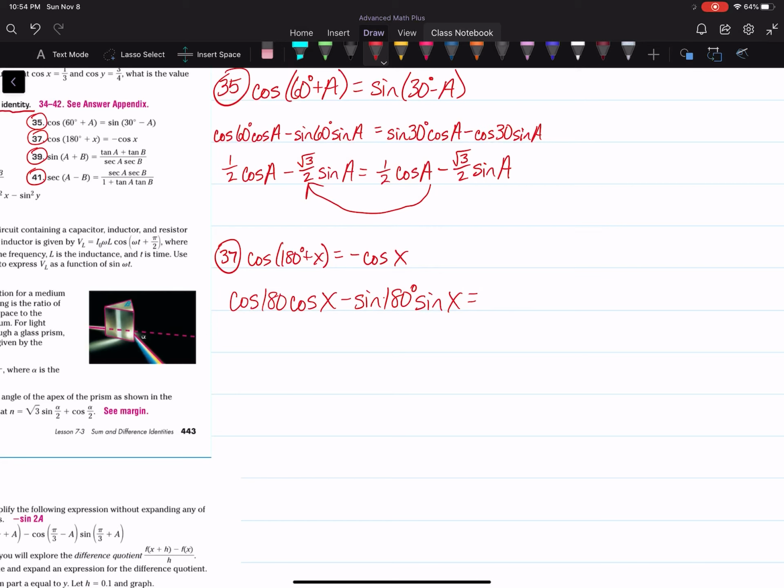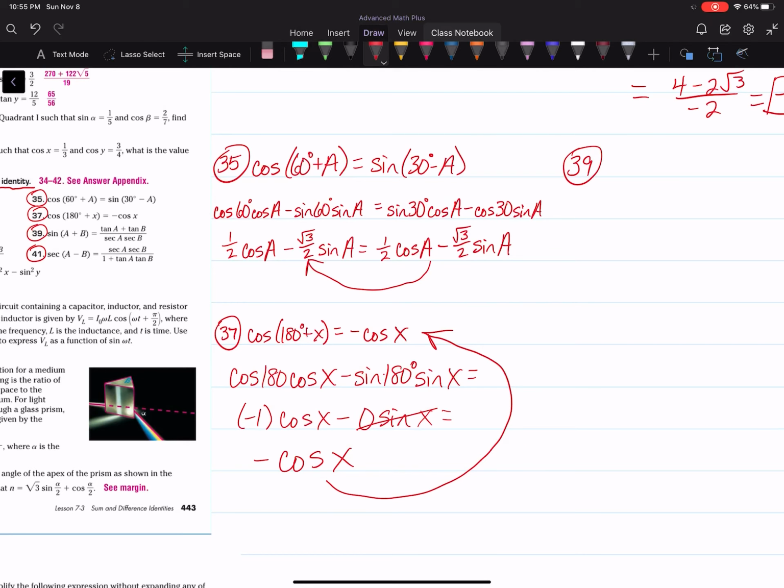Is that right? No. Cosine of 180 is negative 1 times cosine of x, minus the sine of 180, which is 0, times the sine of x. And 0 times sine of x would cancel, and we're left with negative cosine of x, which is what we were trying to get. Boom.